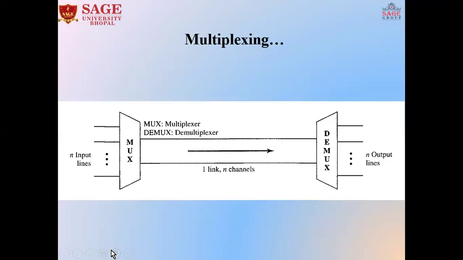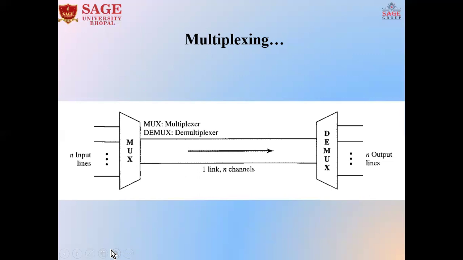This is the simple diagram of multiplexing. Here at the transmitter side, n input lines are there. If n is equal to 4, then 4 customers' data will be transmitted through the one link, and 4 subscribers' data will pass through the transmission medium.